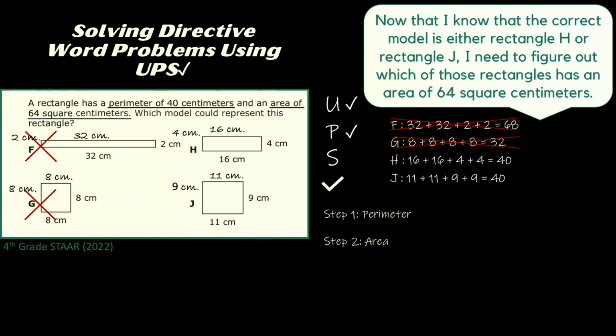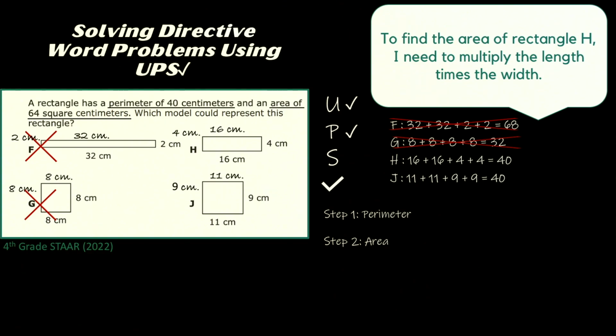So now you might say to students, now that I know that the correct model is either rectangle H or rectangle J, I need to figure out which of those rectangles has an area of 64 square centimeters. To find the area of rectangle H, I need to multiply the length times the width.